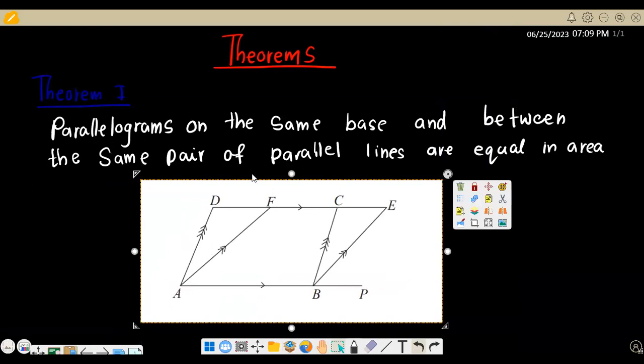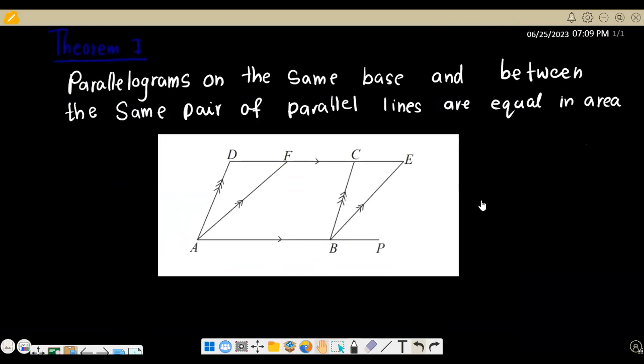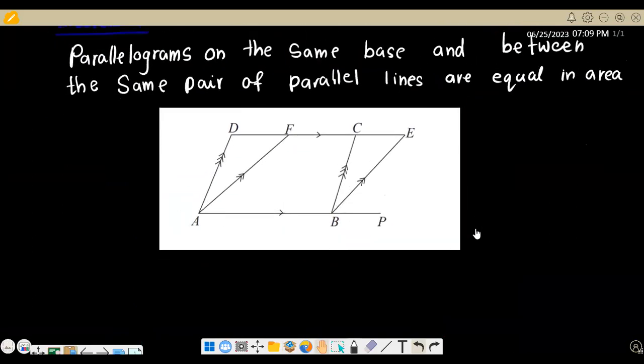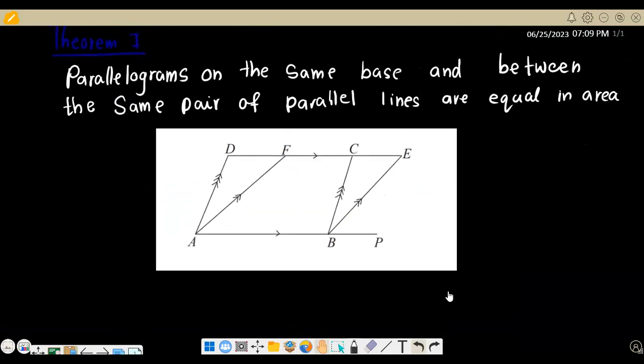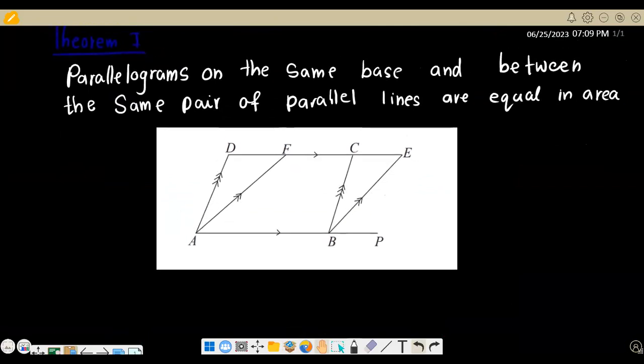After you write the theorem, please draw this diagram. You can see this diagram, no? Now, can you identify that here there are two parallelograms keeping AB as the common base, and they lie in between two parallel straight line segments AB and DE.